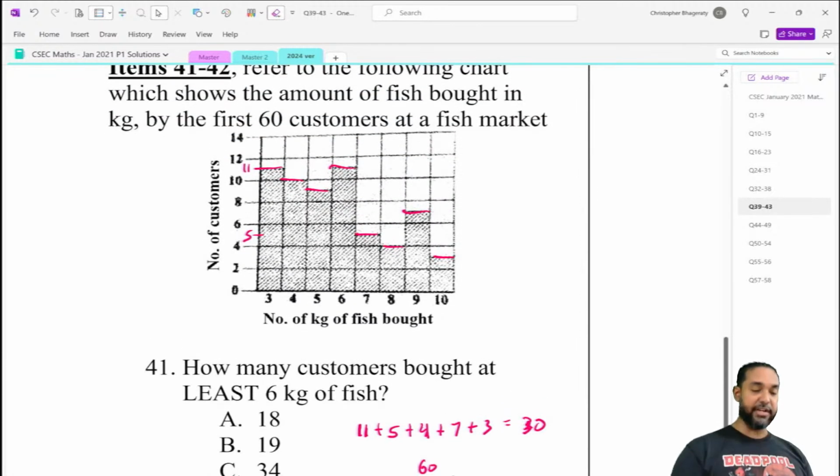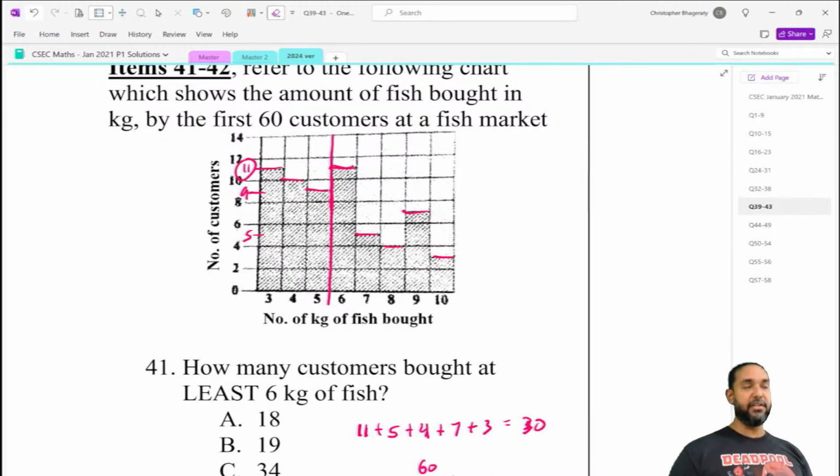We use a kind of cumulative frequency thing here. 11 plus 10 is 21, 21 and 9 is 30. So the first 30 people are there, and the next 30 are behind. So the 30th person bought 9, and the 31st person bought 11.